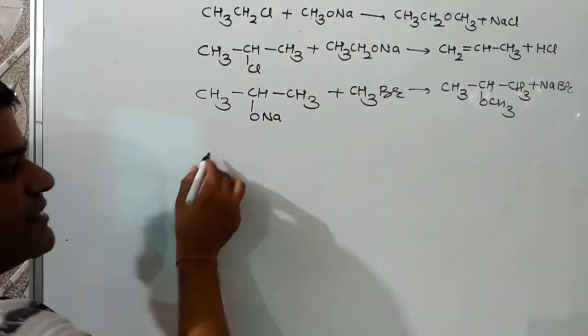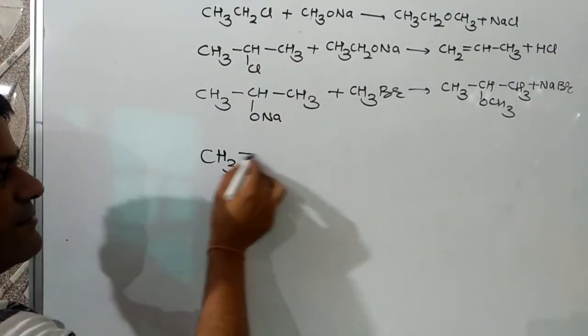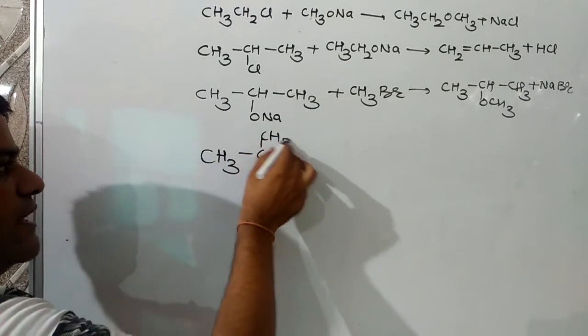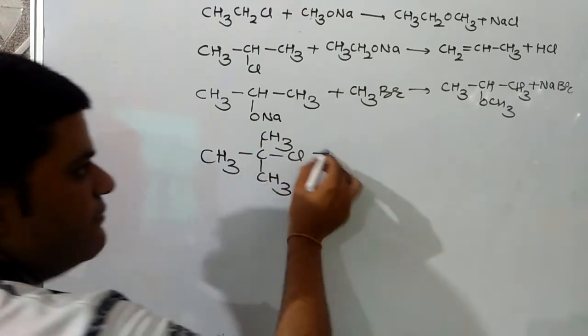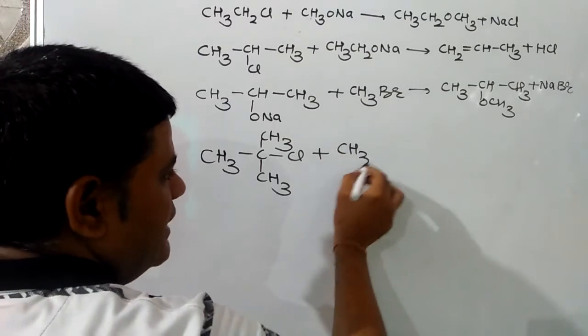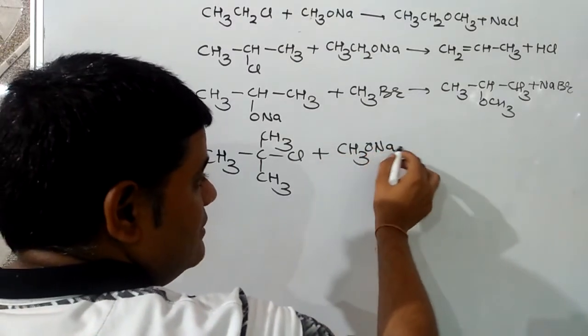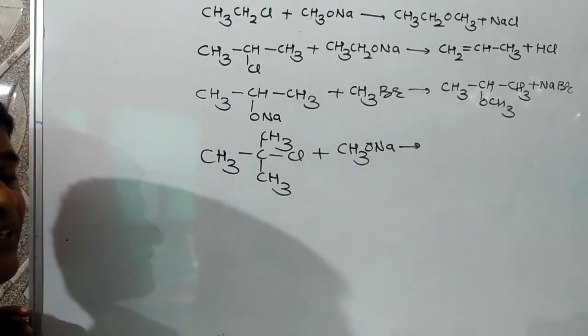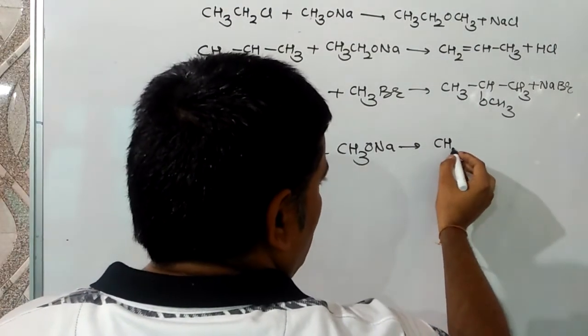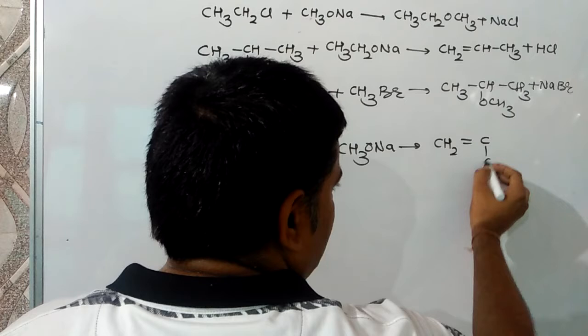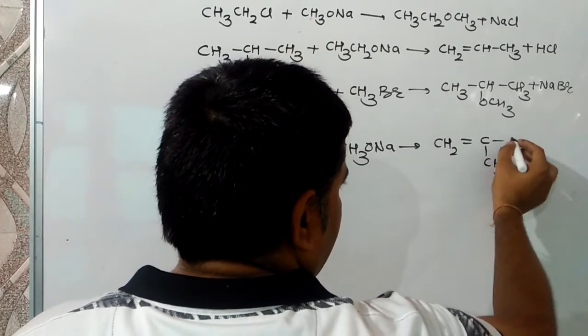Next case might be sodium isopropoxide and CH3Br giving 2-methoxypropane. Next is tertiary butyl chloride reacting with CH3ONa. What is the product? In this case, elimination takes place as the haloalkane is tertiary, so an alkene is going to be formed.